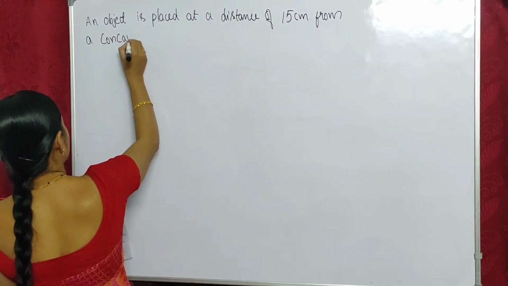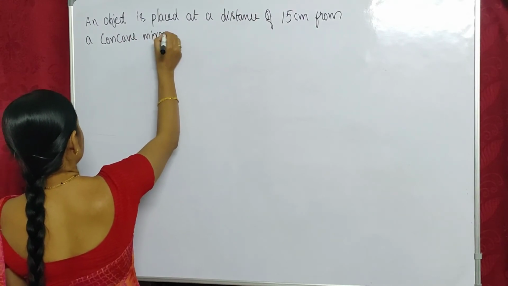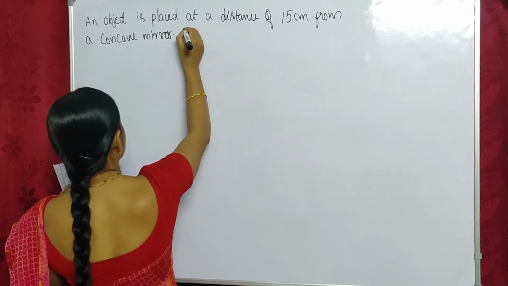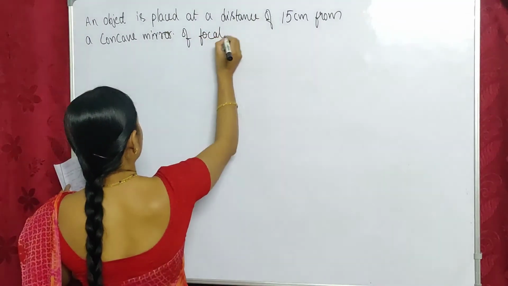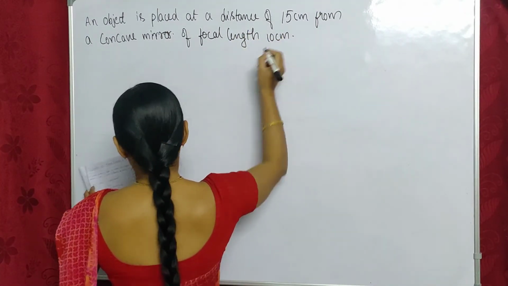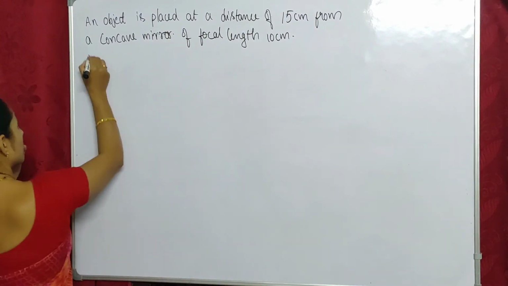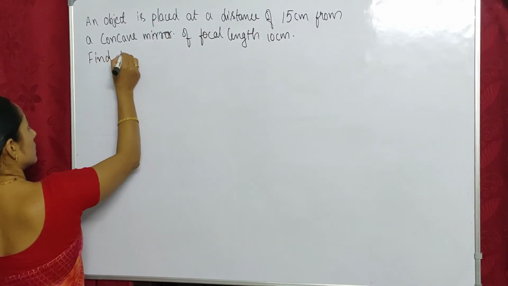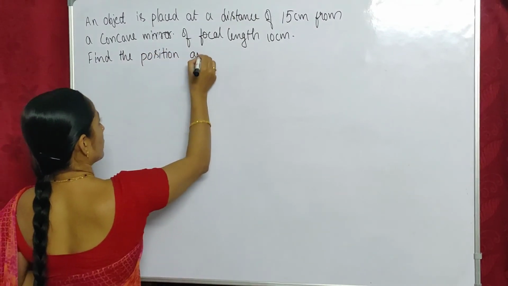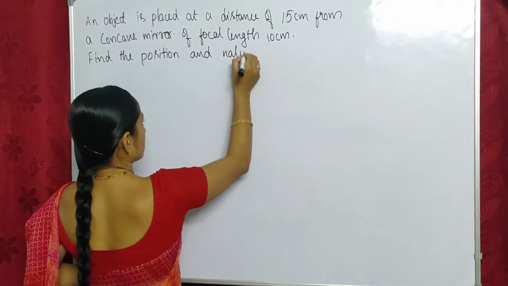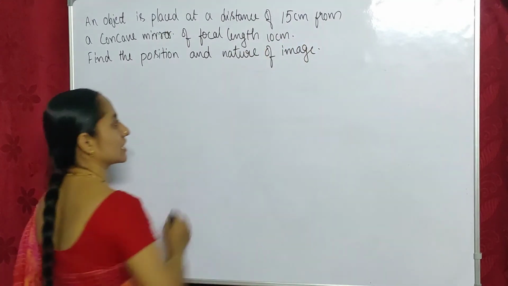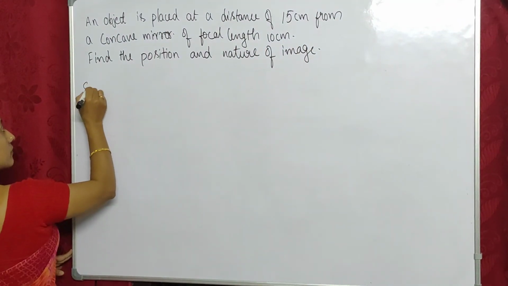Now this time it is a concave mirror, of focal length 10 centimeters. Again the question is: find the position and the nature of the image. Let us solve the problem.